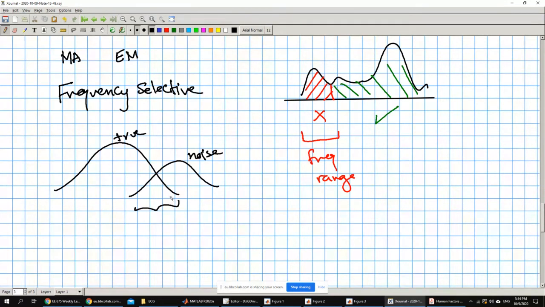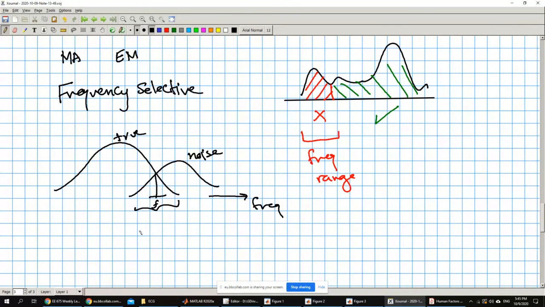We have an overlap between the noise frequencies and the true frequencies. If you have any frequency, for example, this one here, and this frequency has signal from both the true and the noise signals, you cannot recover the true signal.